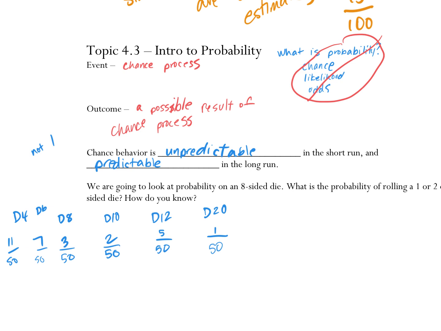Now, for any one of these dice, could I ask you guys to find the probability of an outcome? Like this 8-sided dice, what's the probability I get an even number? 50-50, yeah. 4 out of 8. What's the probability I get a number that is less than 3? 2 out of 8.